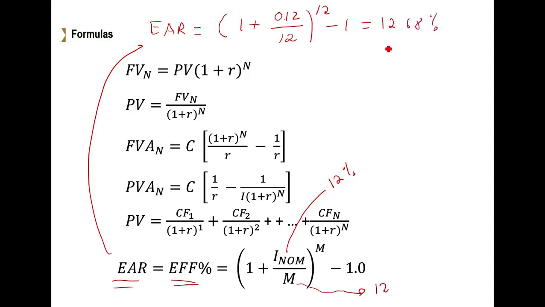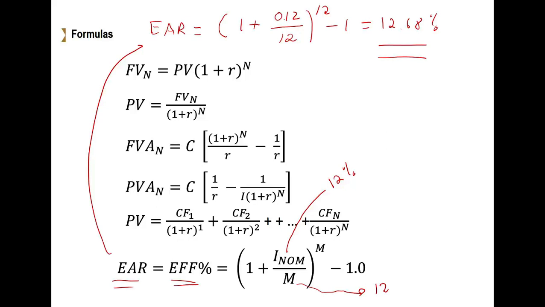What does that mean? If you earn 12% compounded once a year, you're going to get 12%. But if you're earning 12% and your bank calculates it every month, then you will get the equivalent of 12.68% a year. In other words, it's better for you to earn 12% compounded more frequently than to earn 12% compounded only once a year.